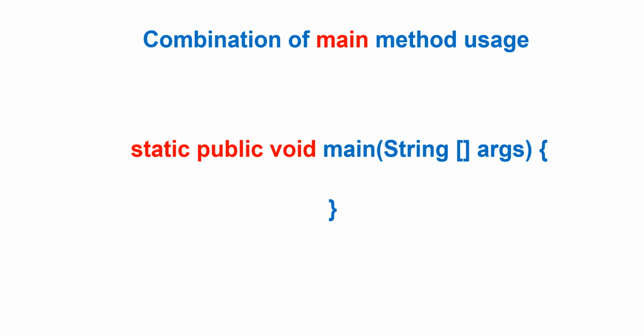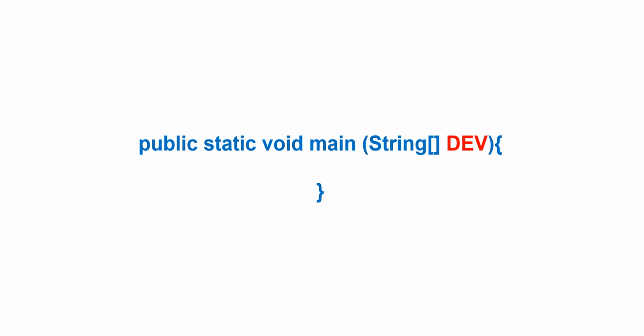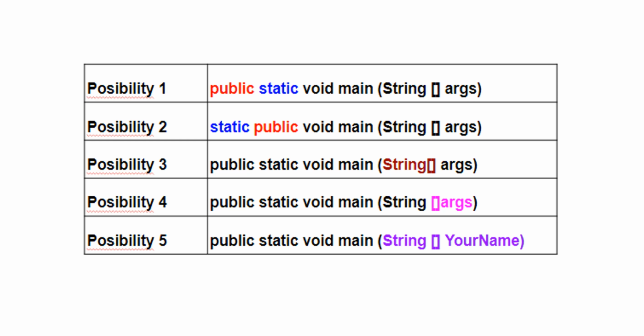So this is how you can write a main method as you wish. You don't even need to use the name args; you can place your own name or whatever, it's just a naming identifier. You can keep changing it to your name as well. These are all the possibilities of the main method in a single frame.